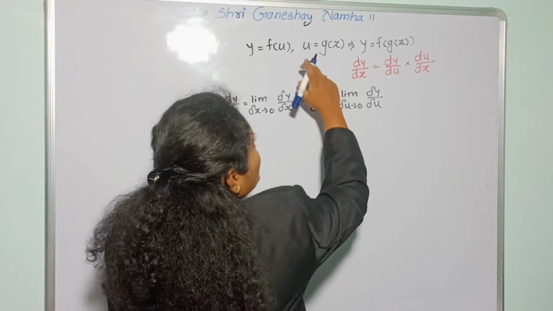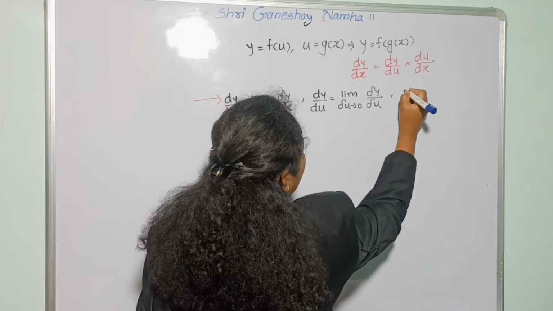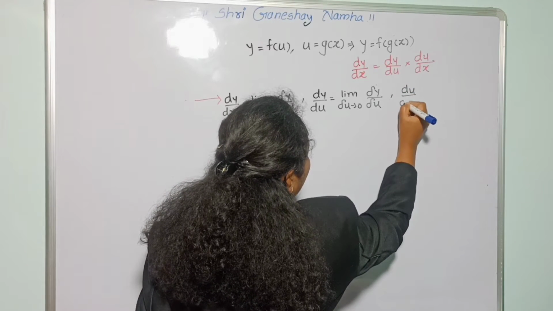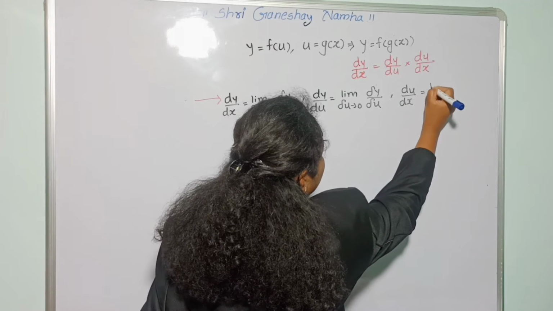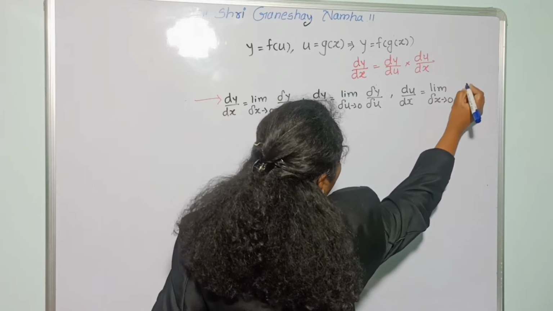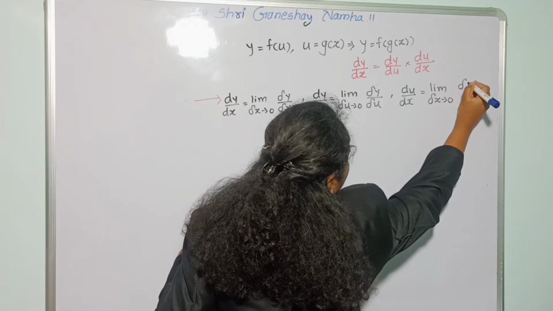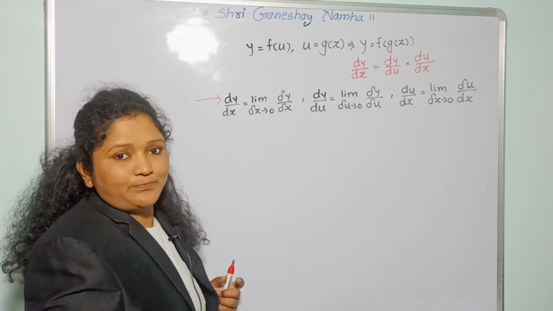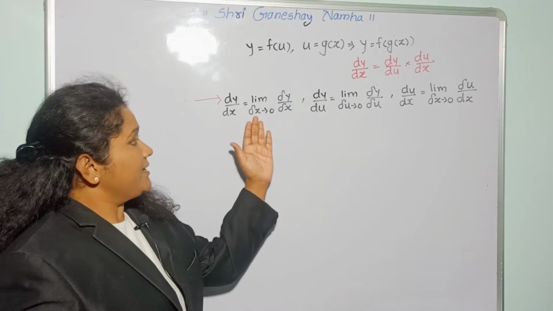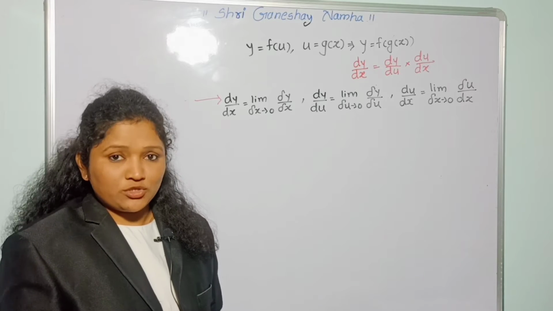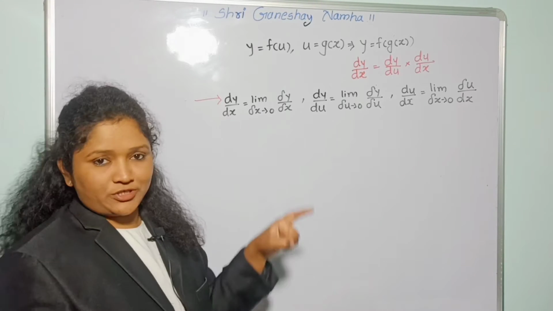Again, u is a differentiable function of x, meaning du upon dx equals limit delta x tends to 0 of delta u upon delta x. Here delta x, delta u and delta y are not equal to 0, they tend to 0.